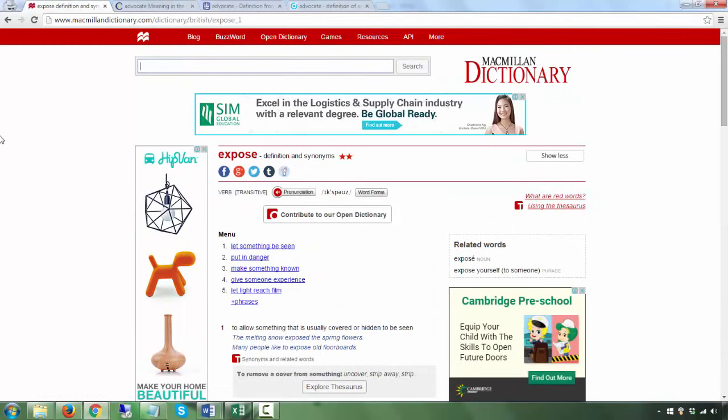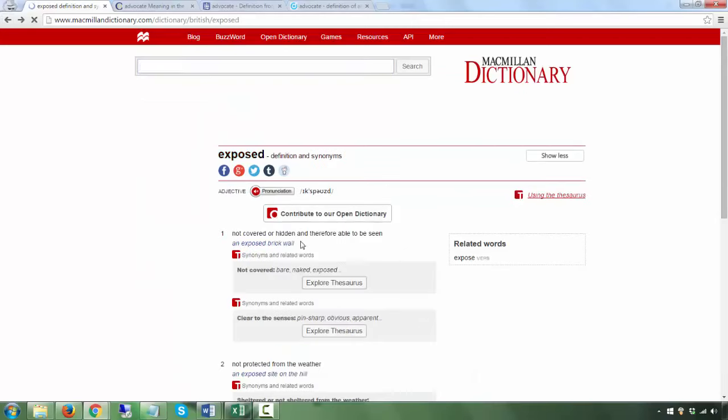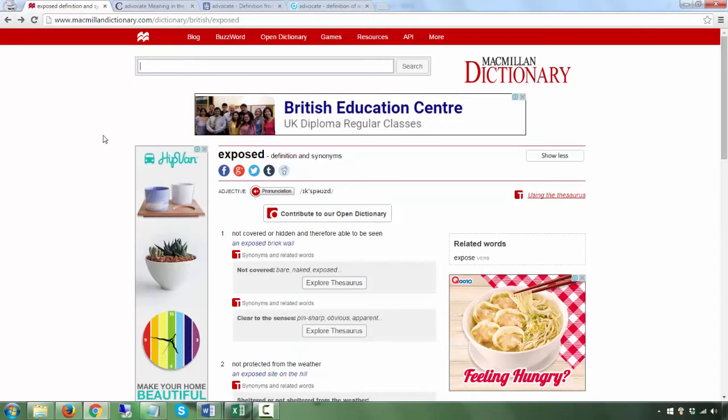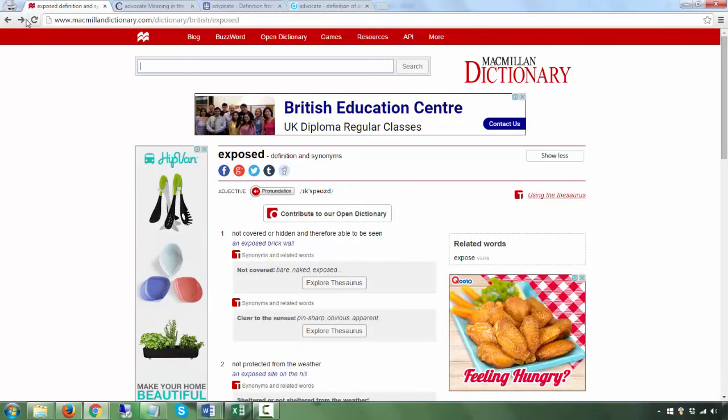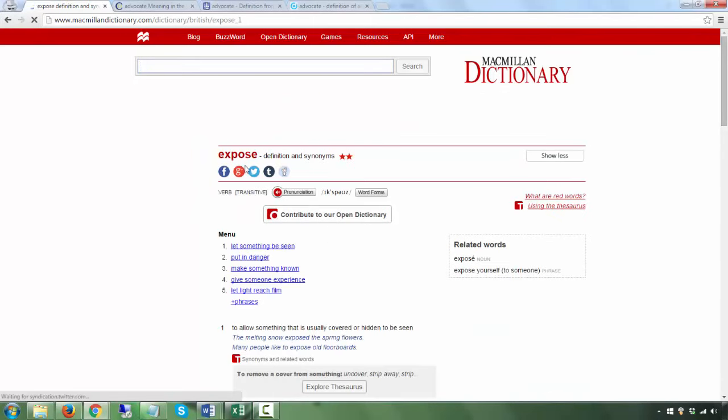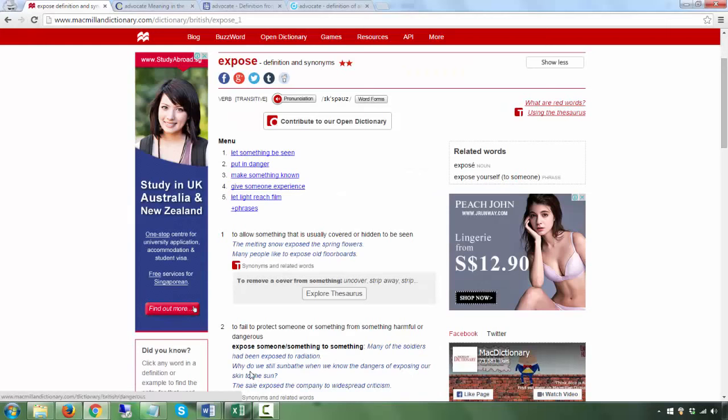Remember, as I said, exposed could be looked upon as an adjective or a passive here. So let's just go to the verb itself. Okay, the way it's used is expose someone or something to something.